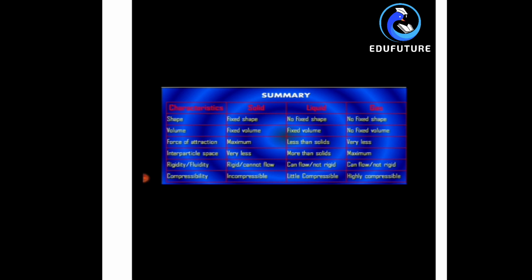Liquid, no fixed shape. Gas, no fixed shape again. Volume. Volume of solid, fixed. Liquid, fixed. Gas, no fixed volume. Force of attraction. Maximum in solids, less than solids in liquids, and very less in gaseous state.